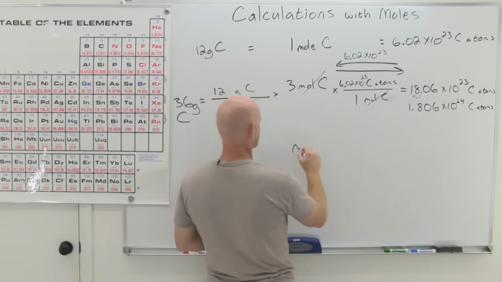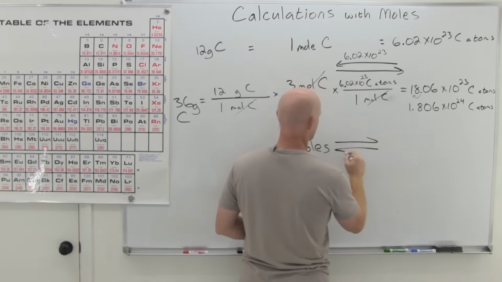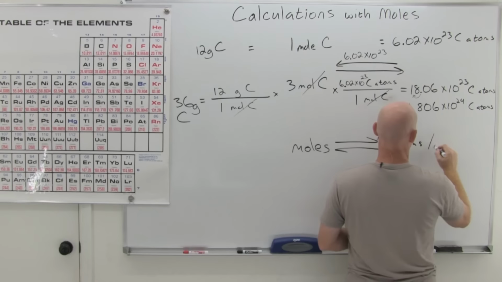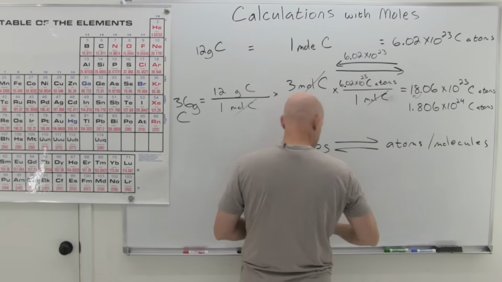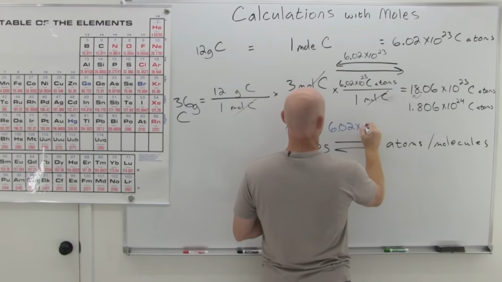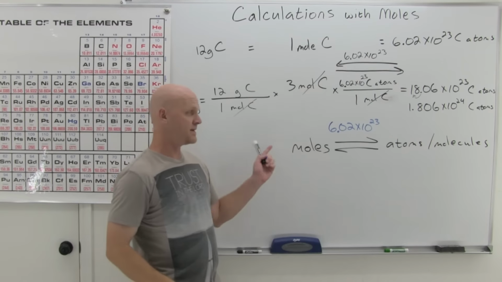And so we can kind of look at this now that we've got this map. There's a connection between moles and atoms or molecules. And that connection is always through Avogadro's number. And again, whether you're multiplying or dividing will just depend on which direction you're going.